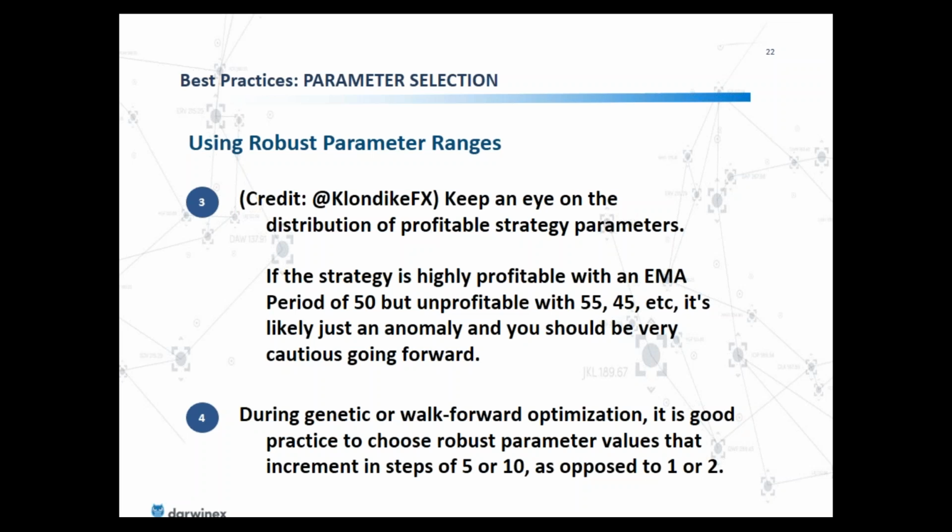So if the strategy is highly profitable with, using that same example of the EMA, an EMA of 50, but unprofitable with say 55 or 45 on either side, then it's likely that the strategy being profitable on the period of 50 is an anomaly. And you should be particularly careful going forward.